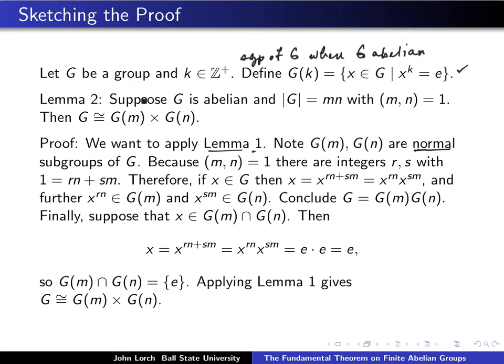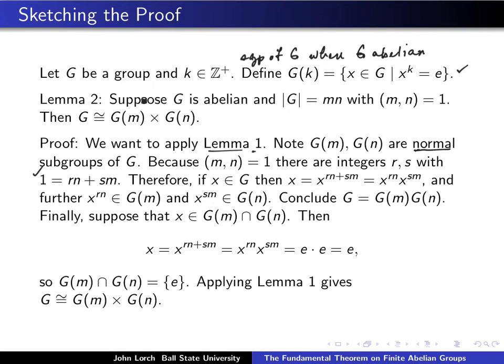Now, because m and n are relatively prime, there's a fact about integer divisibility that we talked about maybe months ago. It says that whenever m and n are relatively prime, you can find other integers r and s where rn plus sm is equal to 1.